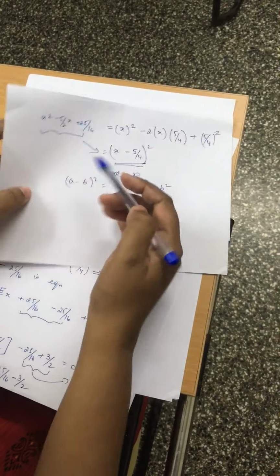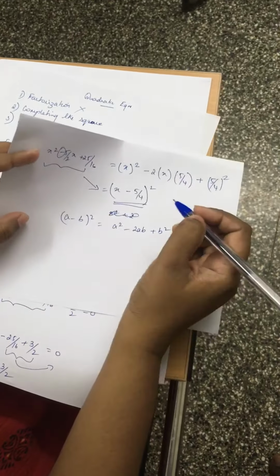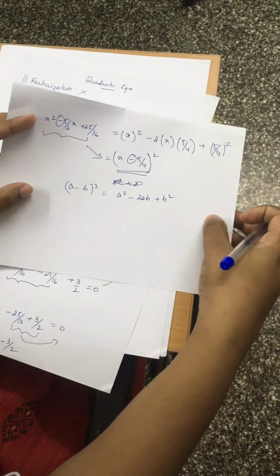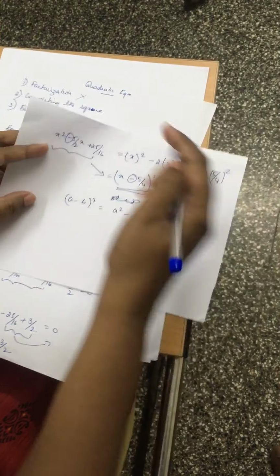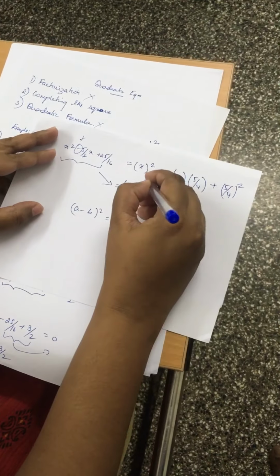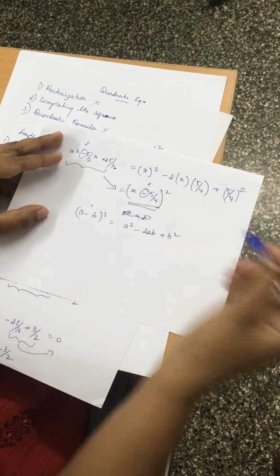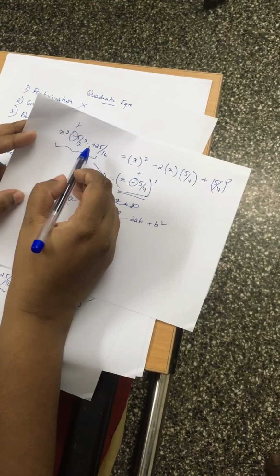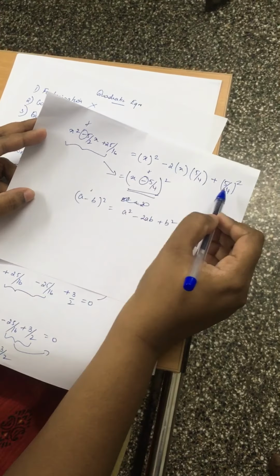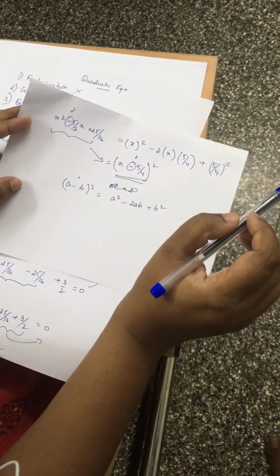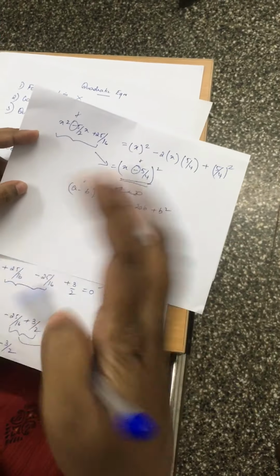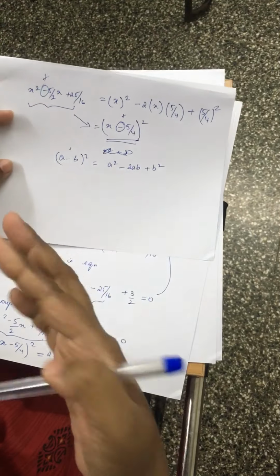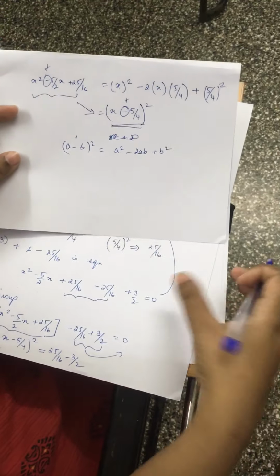Remember, this minus over here determines whether you have a minus or a plus in your formula. Had this been a plus, then you would have ended up with a plus over here and a plus over here as well. You will use a plus b the whole square. This plus has to be there always because it's a squared value, so it cannot be a negative. If you're using a negative, then you're doing it wrong. The x term will either be a plus or a minus, and depending on it, your formula changes.